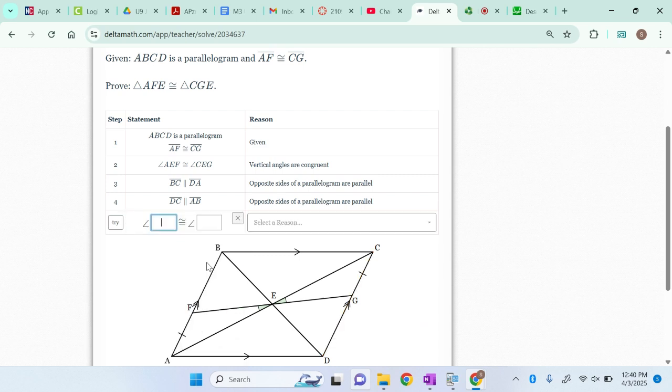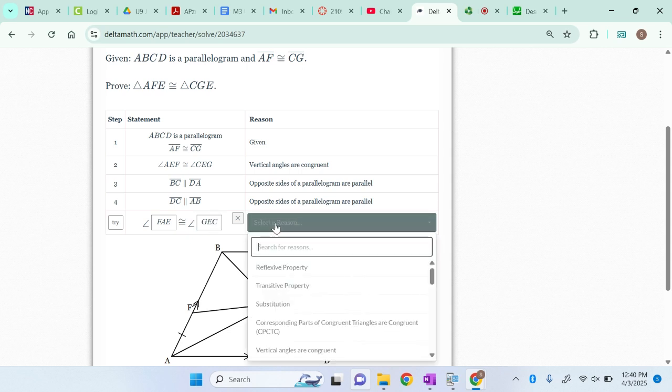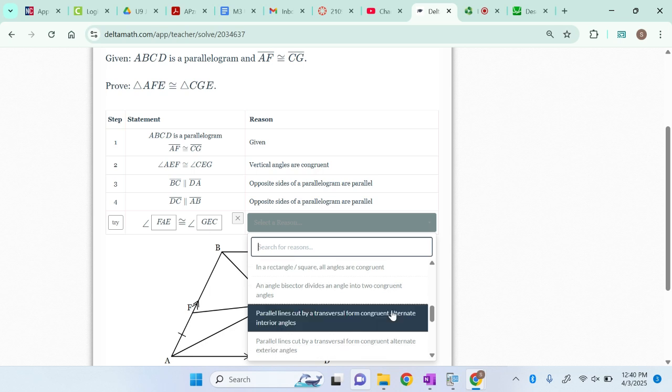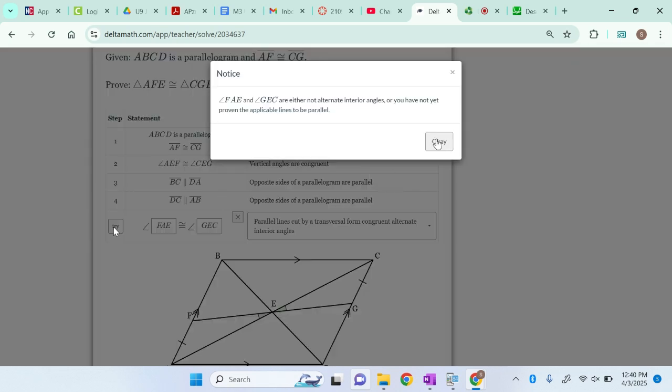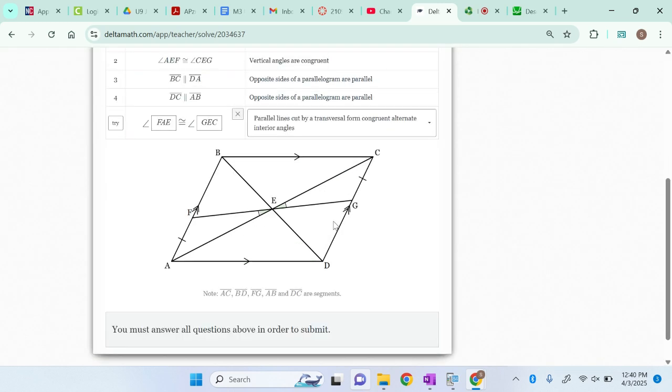See, Delta Math is finicky. Like I said, go around your butt to get to your elbow. No, we've proven enough. What the heck? Okay, so these two are parallel.